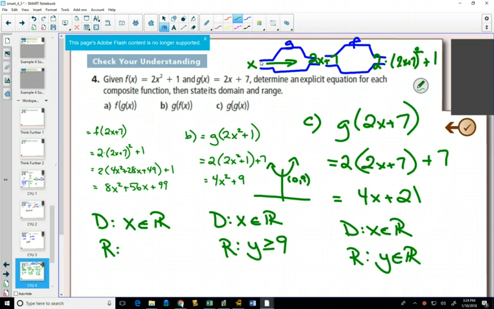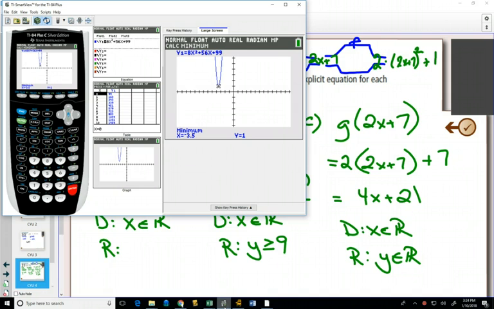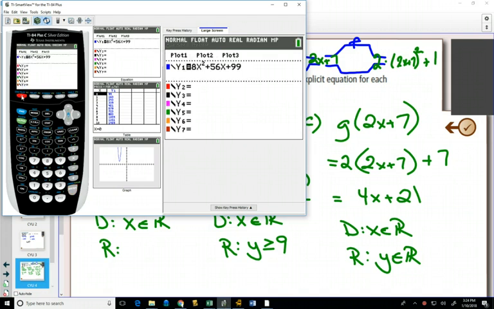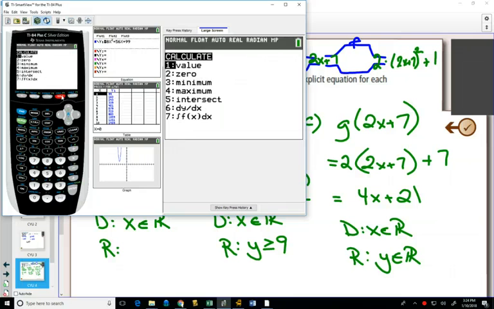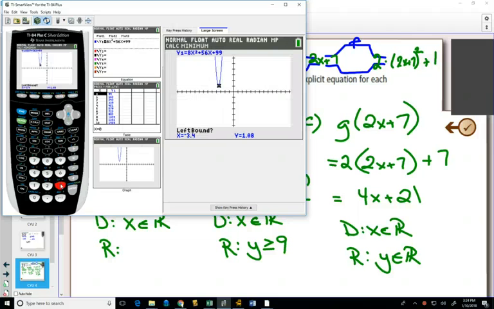If you had your calculator, you could type this into your calculator: 8x squared plus 56x plus 99, and hit graph. When you have your graph, you need to find that minimum. So second, calculate, number 3, your minimum.